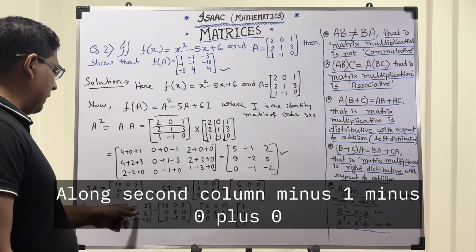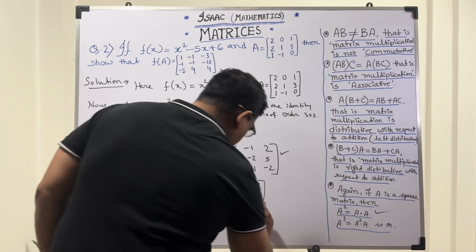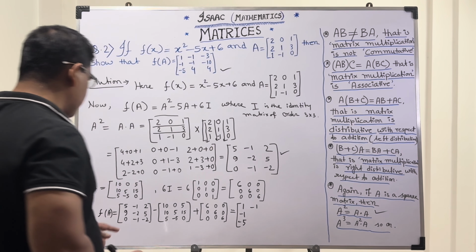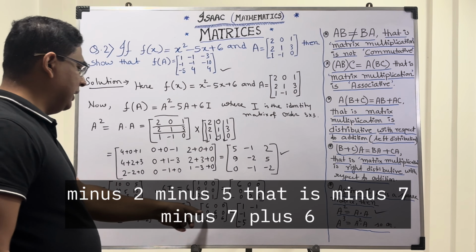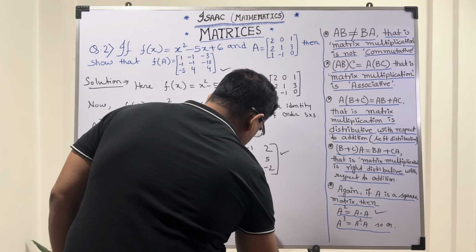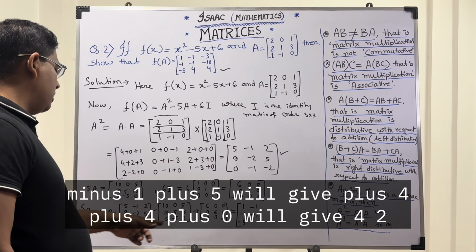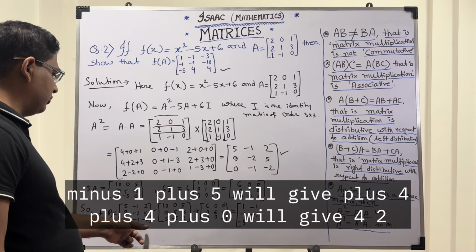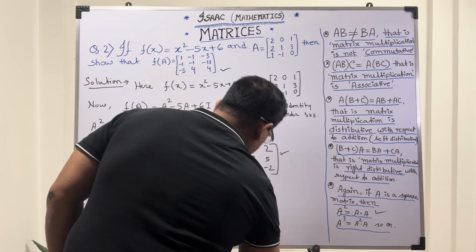Along second column, minus 1 minus 0 plus 0, that is minus 1. Minus 2 minus 5, that is minus 7. Minus 7 plus 6 will give minus 1. Minus 1 plus 5 will give plus 4. Plus 4 plus 0 will give 4.